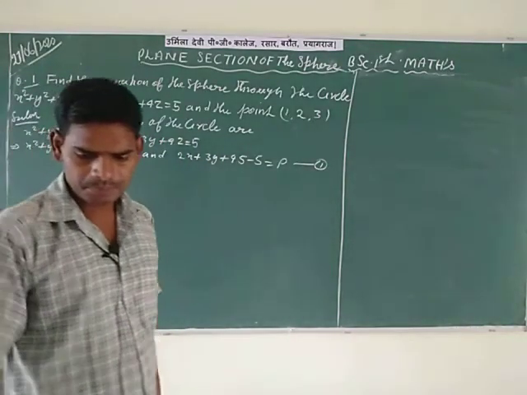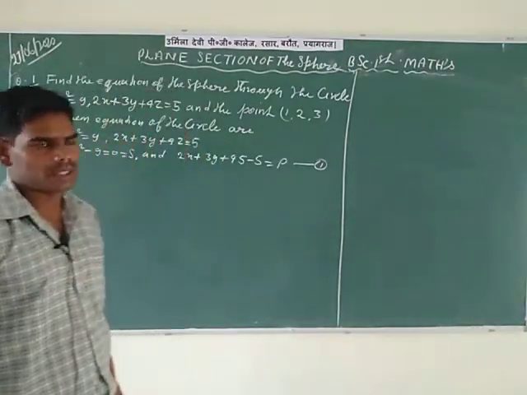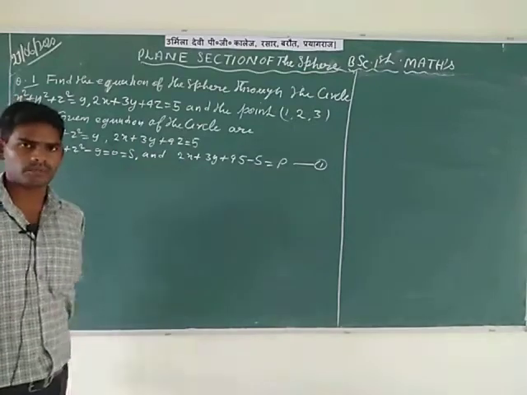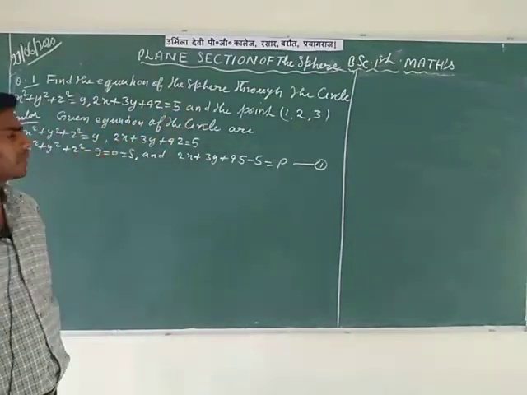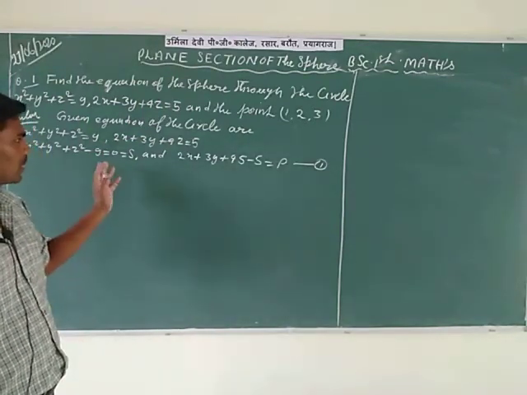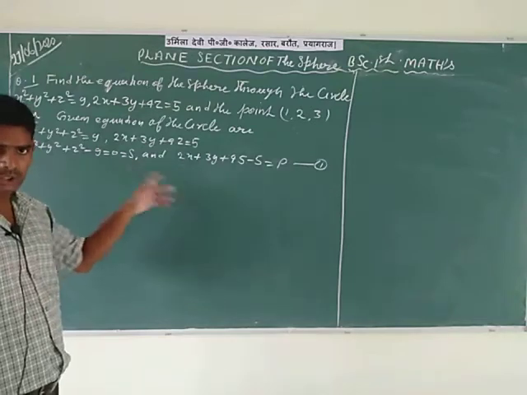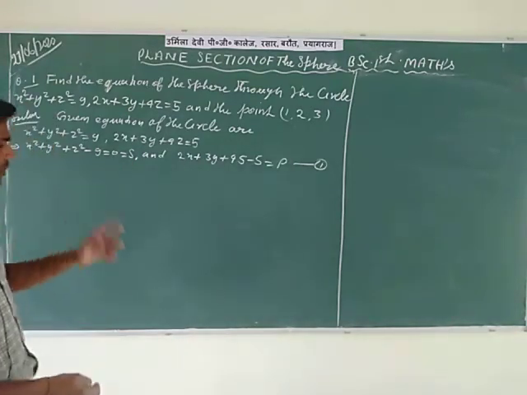You know that if a sphere is intersected by a plane, then it represents a circle. So this is the equation of the circle. But in the question, find the equation of the sphere which passes through this circle. So please write the equation of the sphere by these two equations. Write the combination of these two equations.